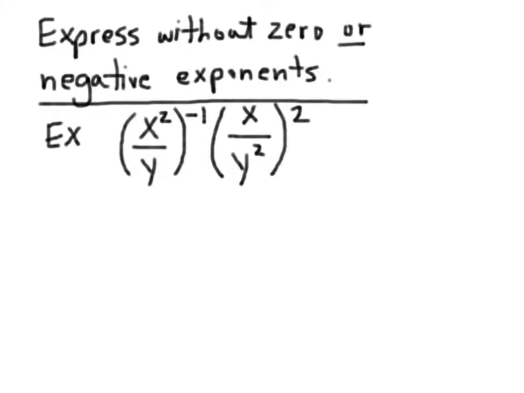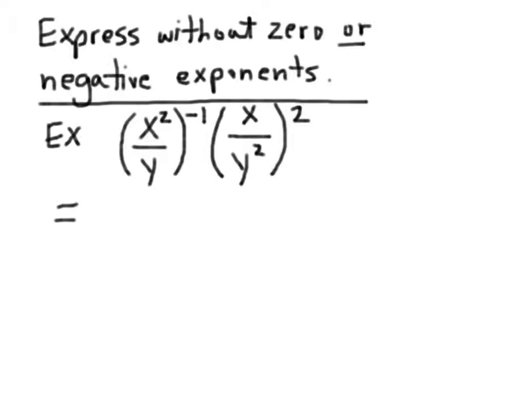Okay, our last example. We're going to express this without 0 or negative exponents. So remember, if you get a 0 exponent, it's just equal to 1. So just like the last problem, I'm going to begin by distributing my negative exponents, or actually distributing all of my exponents.